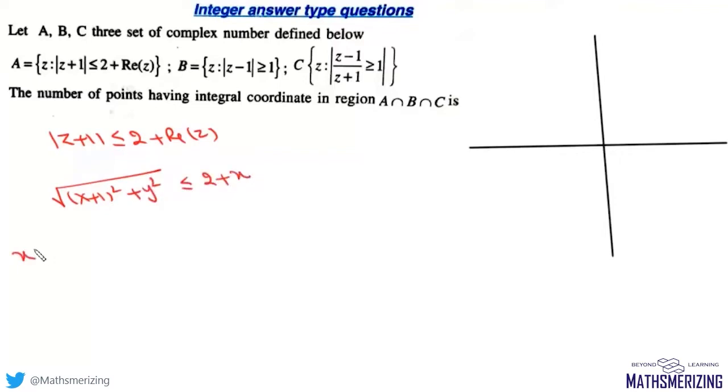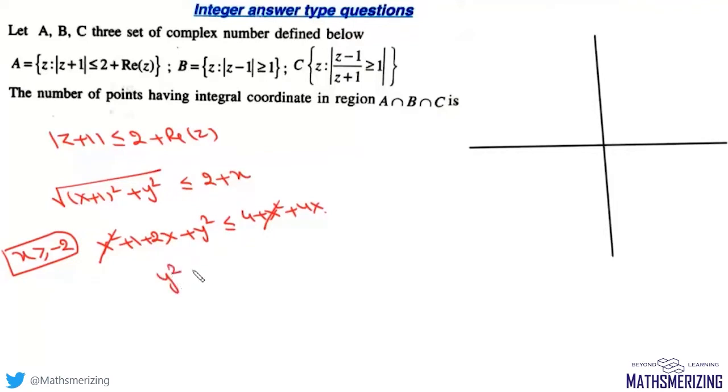Now clearly x is greater than or equal to minus 2, and then if we square, we get x square plus 1 plus 2x plus y square less than or equal to 4 plus x square plus 4x. Now here x square will cancel. Now we can write this as y square less than or equal to 2x plus 3, or y square is less than or equal to 2 into x plus 3 by 2.